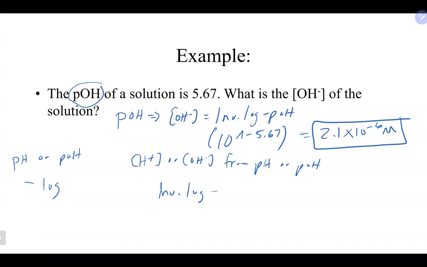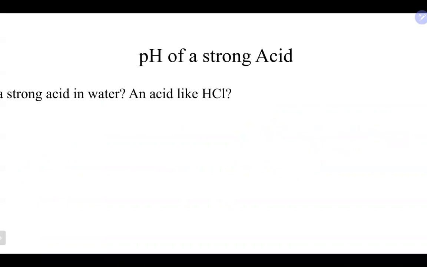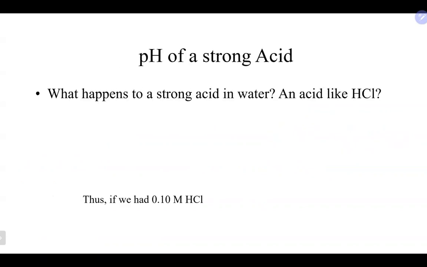Any questions on that? Okay, up until this point, pretty much all of our problems have been maybe generic, like, hey, the H plus concentration is this, which is the acid, or the OH minus concentration is this, which is the base part. You can be given a problem that involves a strong acid or a strong base, and be asked to calculate the pH of it.